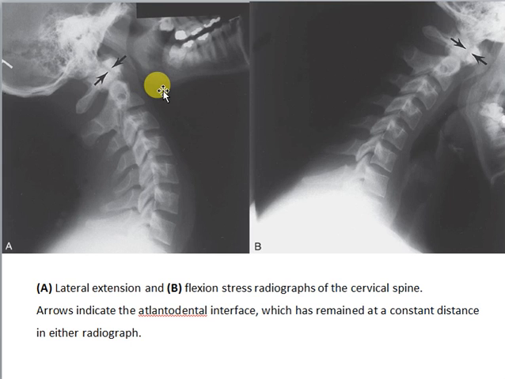You have to look for the atlantoaxial space. This is the space between the dens and the atlas, or you sometimes call it the atlanto-dental interface or space. And it is really very important that in both these views this is the same. If this remains the same, it means that there is no instability of the cervical spine.